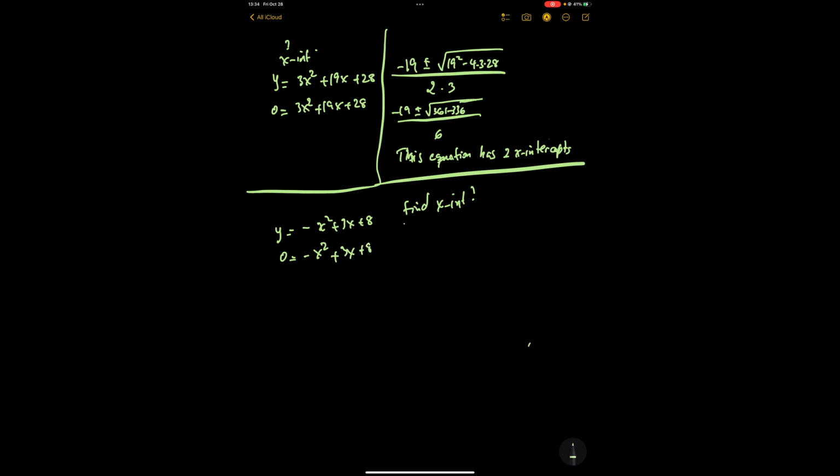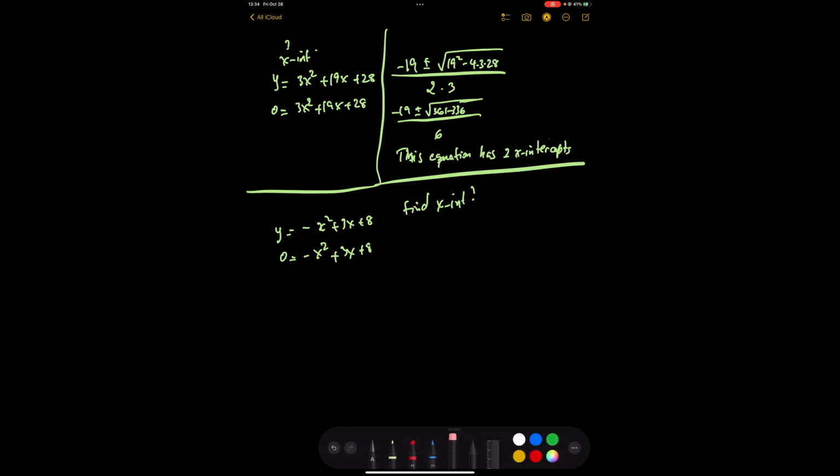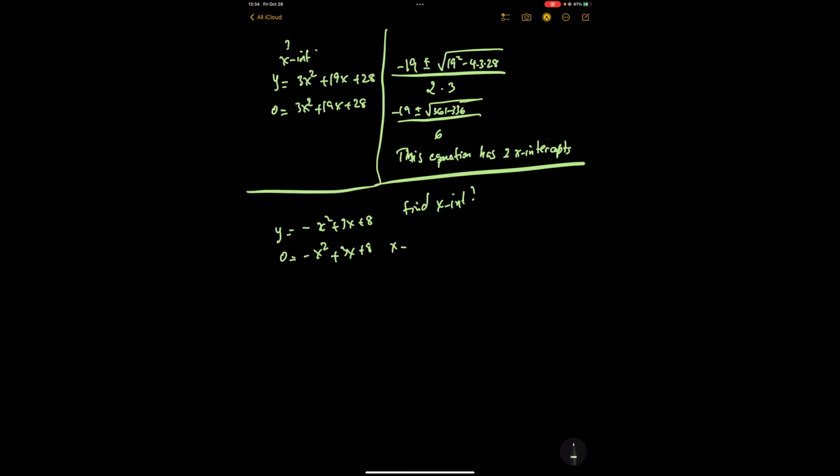So we're going to have negative 3. So x equals negative 3 plus or minus the square root of 9 minus 4 times negative 1 times 8, over 2 times negative 1, which is negative 2.